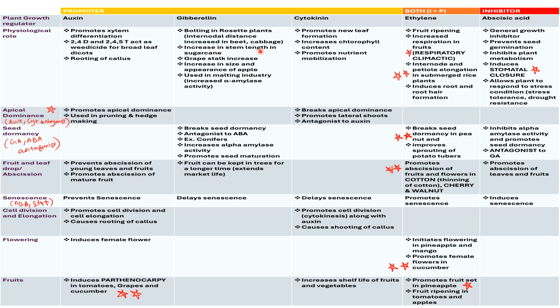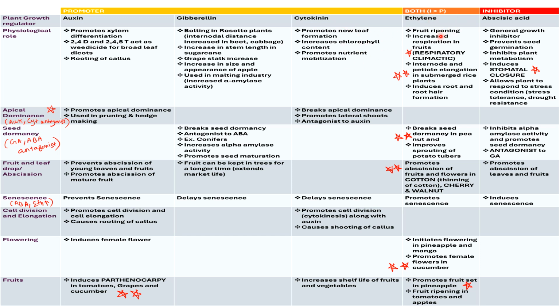Gibberellin increases stem length and improves the yield in sugarcane. Increase in grape stalk length, and improvement in size and appearance of apple, is also because of it, and it is used in the malting industry because it increases the alpha amylase activity. Coming to cytokinin, it promotes new leaf formation and nutrient mobilization. It increases the chlorophyll content. Cytokinin, C says chlorophyll.